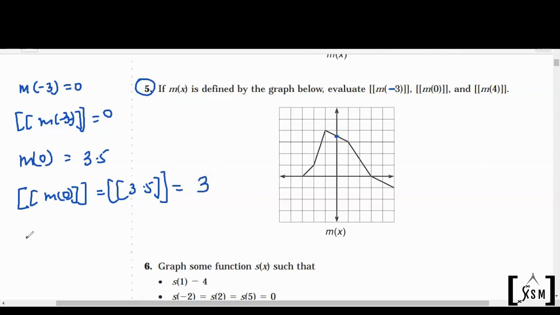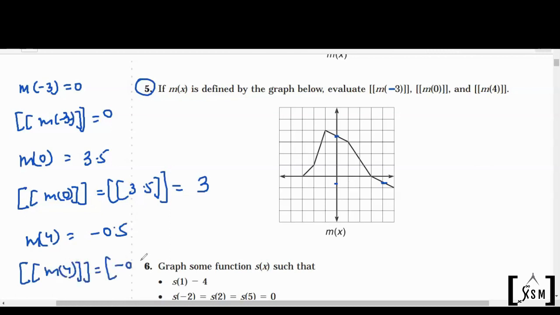What is m4? So first we find what is m4. I can see m4 is 1, 2, 3, 4. m4 is somewhere minus 0.2, 0.5, negative 0.5. So the greatest integer m4 will be what?